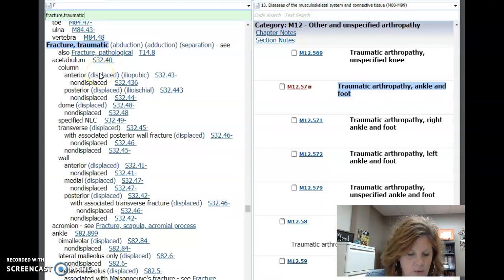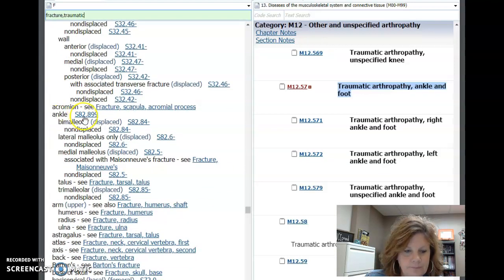And we know it's of the ankle. With that, traumatic arthritis, right ankle, following fracture, we have S82.